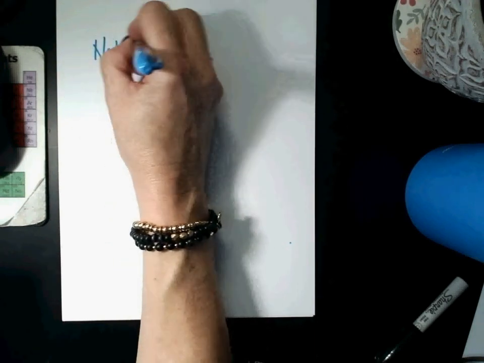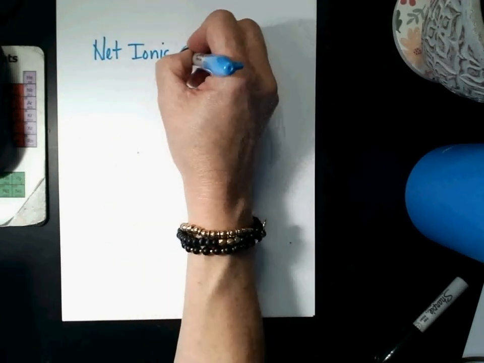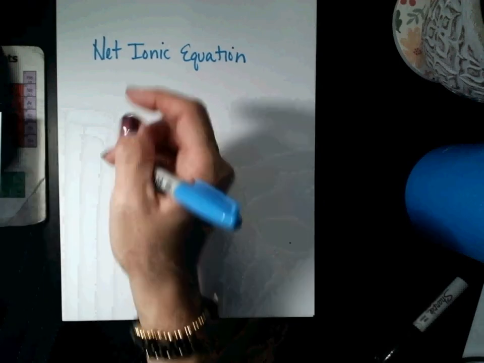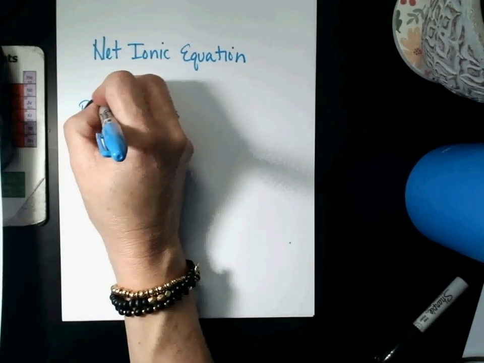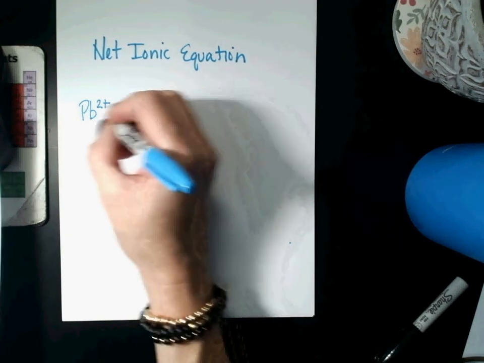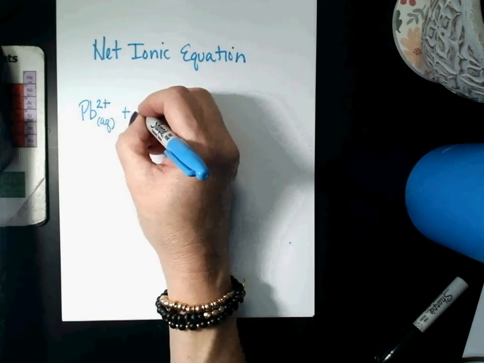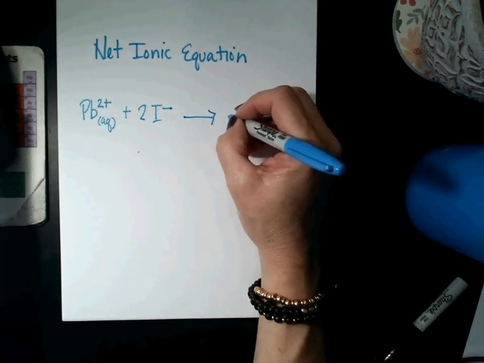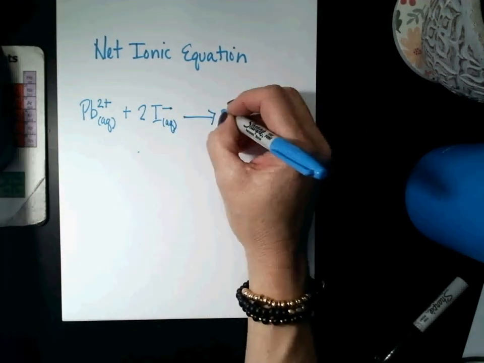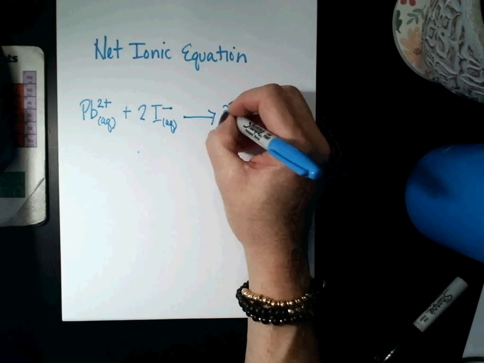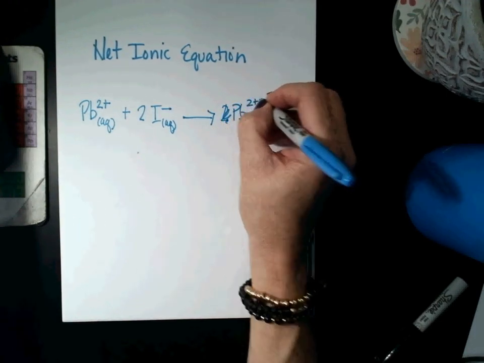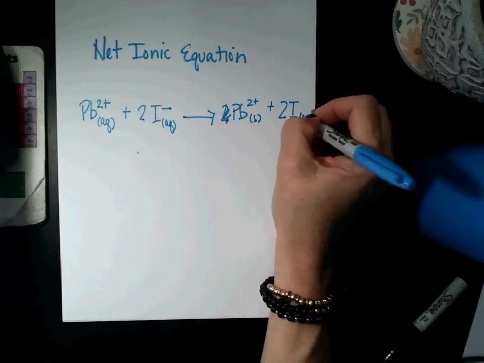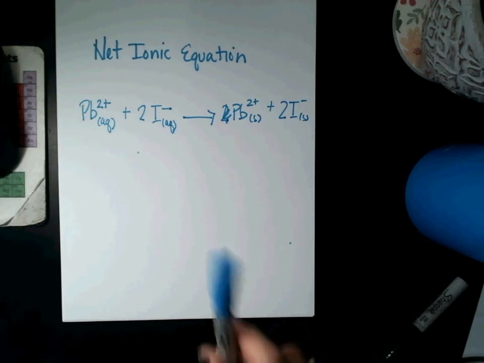From this reaction, my net ionic equation would look like Pb2+, gotta put my aq in, plus 2 I- aqueous yields Pb2+ solid plus 2 I- solid.